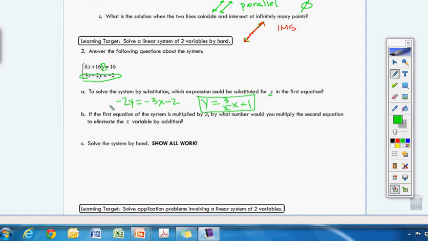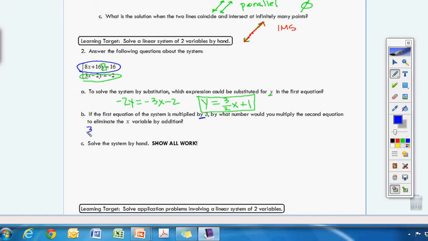So this is what I would substitute into the first equation if I was going to solve this system by using substitution. If the first equation of the system is multiplied by 3, by what number would you multiply the second equation to eliminate the x variable? This time we're looking at the first equation. I'm going to do exactly what they say: multiply that first equation by 3.